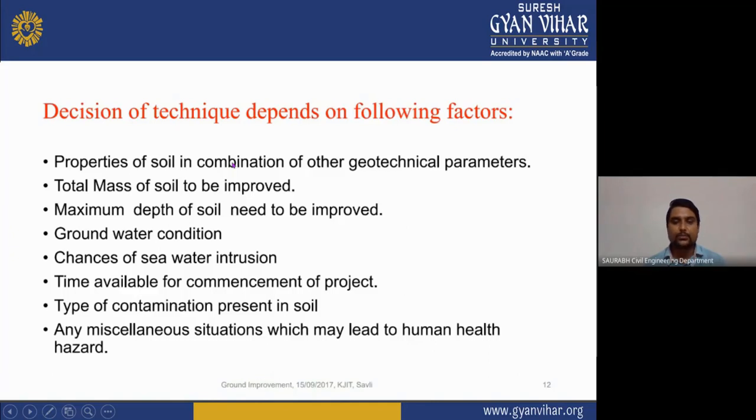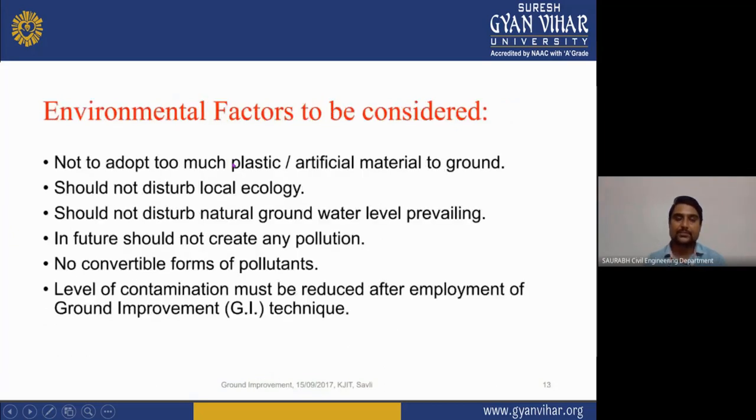Total mass of soil to be improved, maximum depth the soil needs to be improved, groundwater condition, chances of sea water intrusion, time available for the commencement of the project, type of contaminant present in the soil, any miscellaneous situation which may lead to human health hazard.